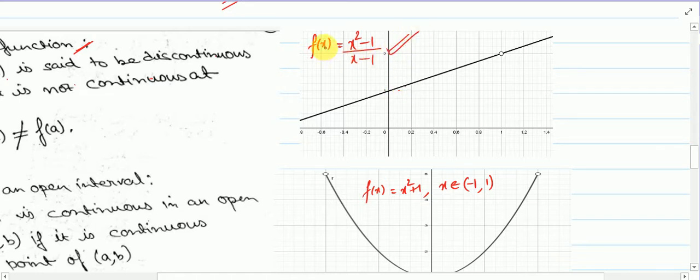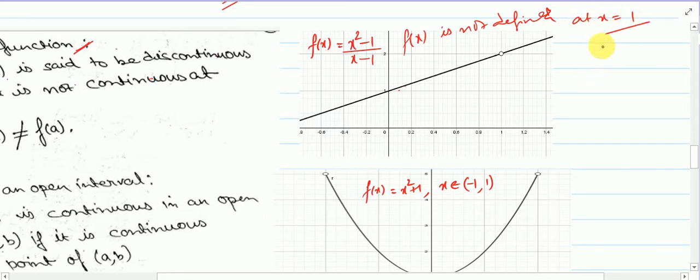f of x equal to (x square minus 1) upon (x minus 1). The graph of this function is this one, and here you will see that this f(x) is not defined at x equal to 1.